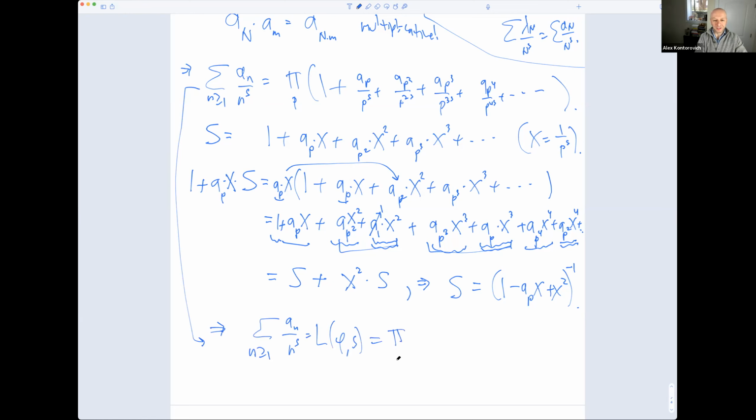We're going to see in a second whether it could be 0 or not. This infinite product is a product of things like this, where x is replaced by p to the s. So that's 1 minus a_p over p to the s plus 1 over p to the 2s, inverse.